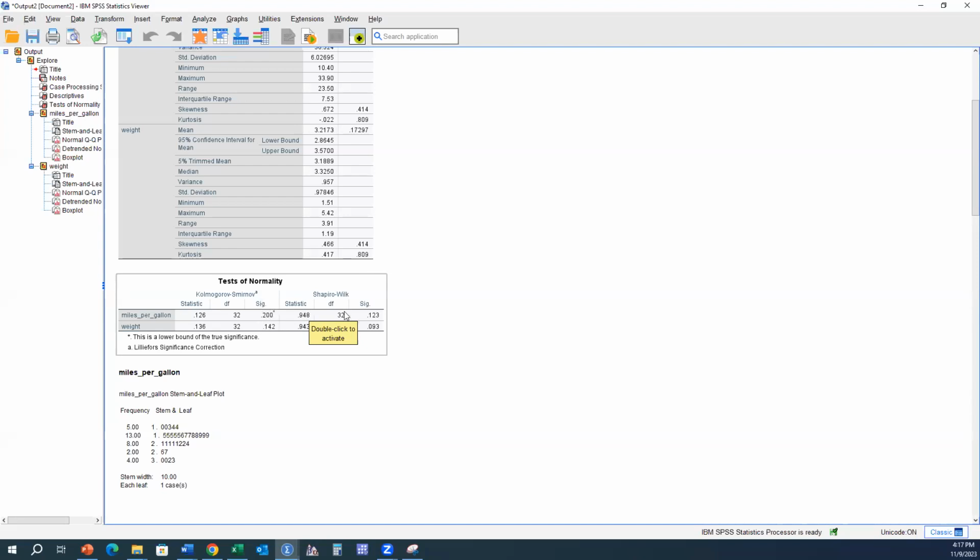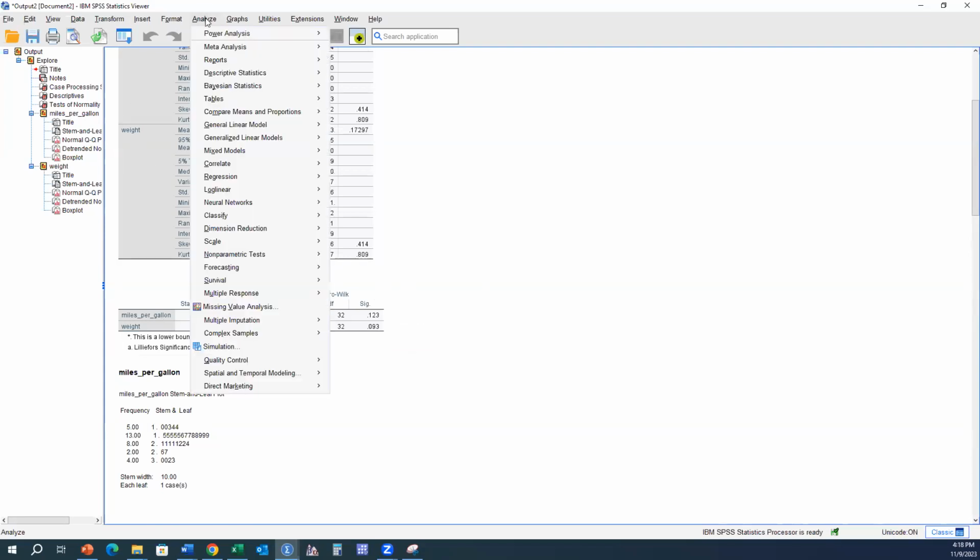The significance column right here are the p-values. So we can see that we have non-significant results. All the p-values are greater than 0.05. It's a good thing for this test. The normality is supported, mileage and weight. So this gives us the validity or the confidence to run Pearson correlations.